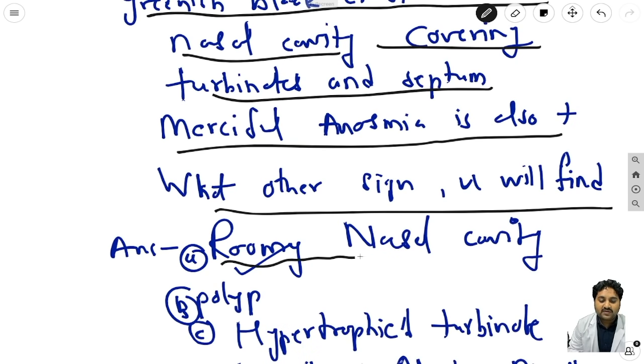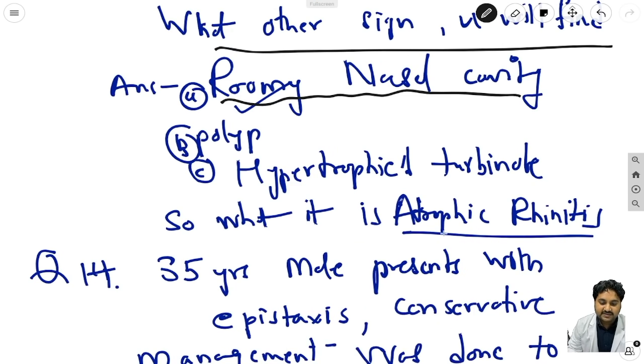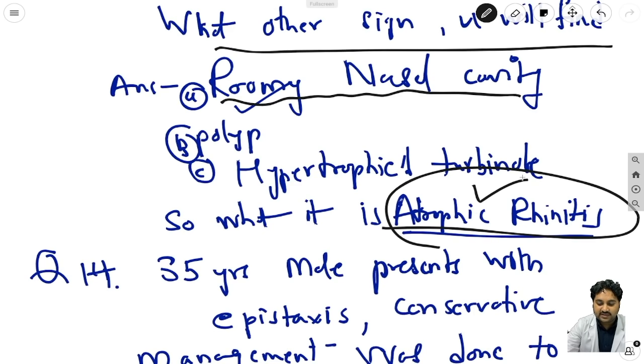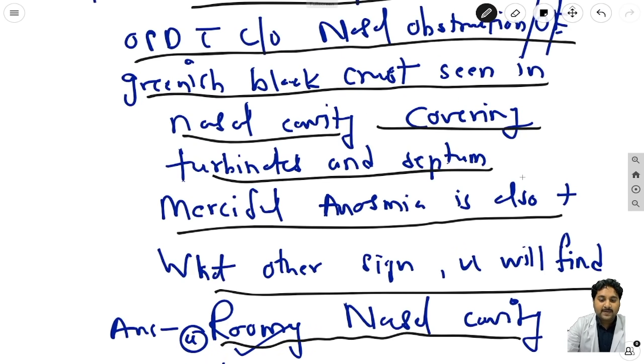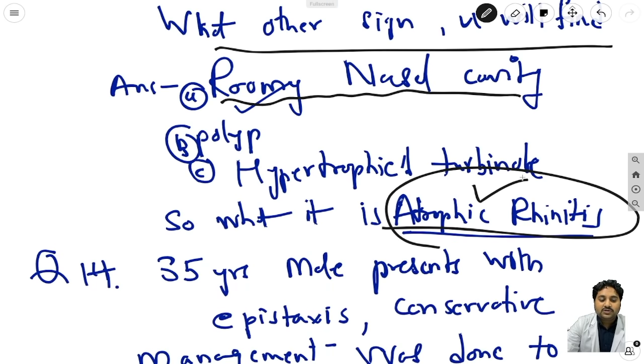So, roomy nasal cavity. That means that woman must have atrophic rhinitis, because these are all features of atrophic rhinitis. So the best possible option is roomy nasal cavity.